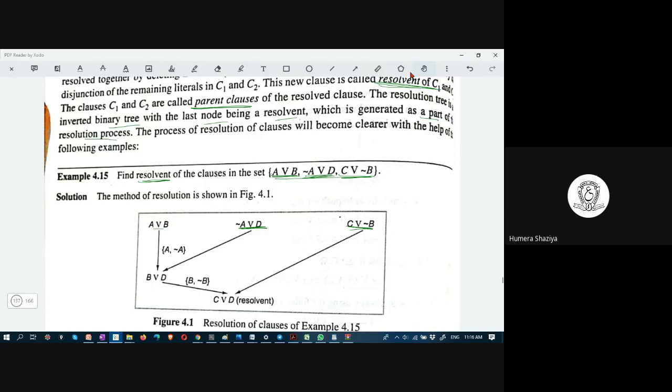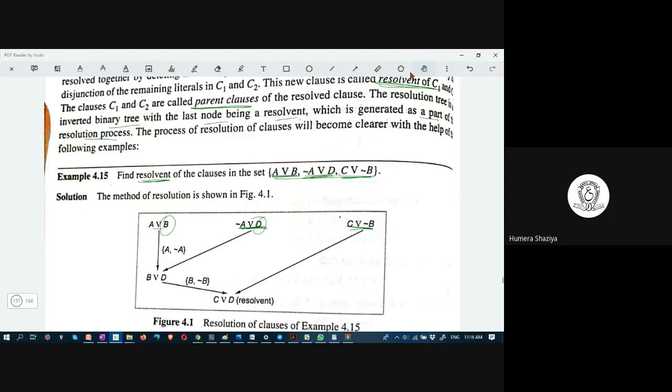When A and not A are eliminated, what is left over is B or D. B or D is the resolvent of A or B and not A or D. Further, the third clause has not B, and this resolvent, which has been obtained from the first two clauses, has B. Therefore, B and not B can be eliminated.